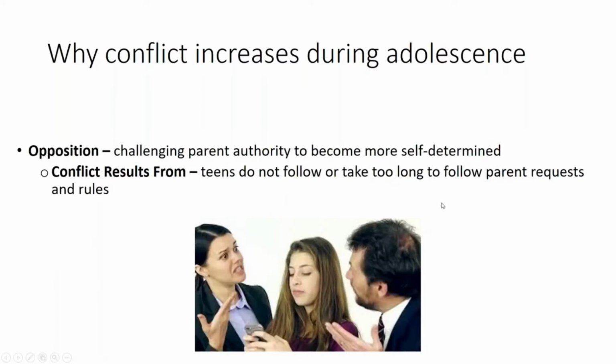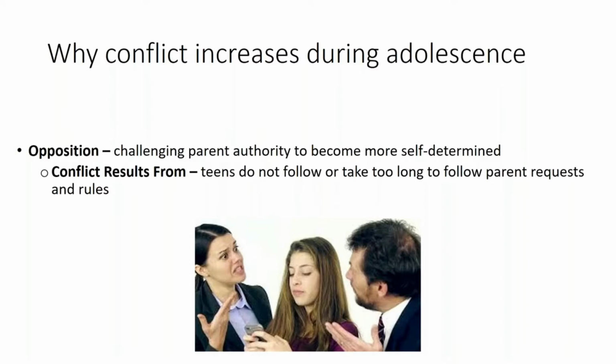The third normative process that occurs during the teenage years is referred to as opposition. And opposition is simply the process of teens challenging parental authority, and this is done in an effort to become more self-determined. It's one of these things that is kind of a double-edged sword.